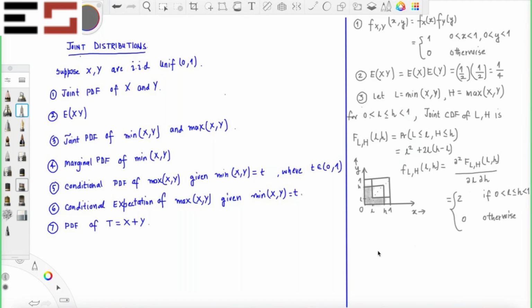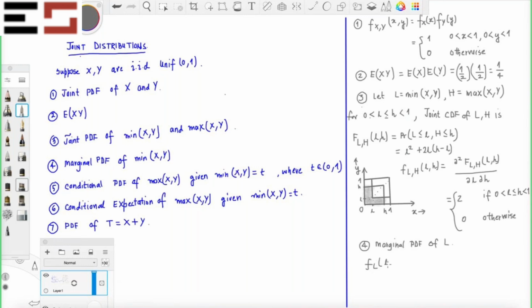So the next is to find the PDF of L. How do you find the marginal PDF of L? f_L(L) is equal to what?